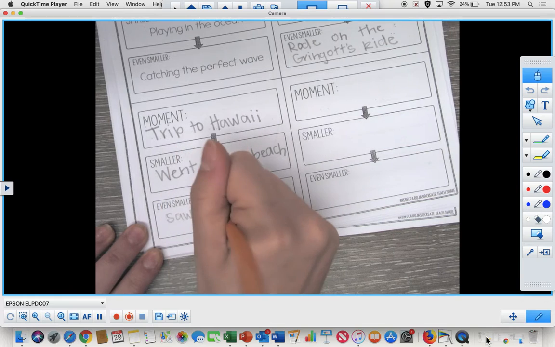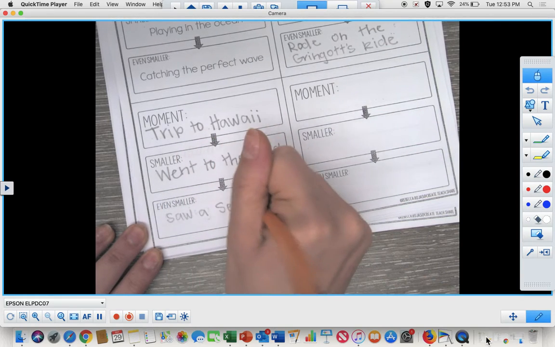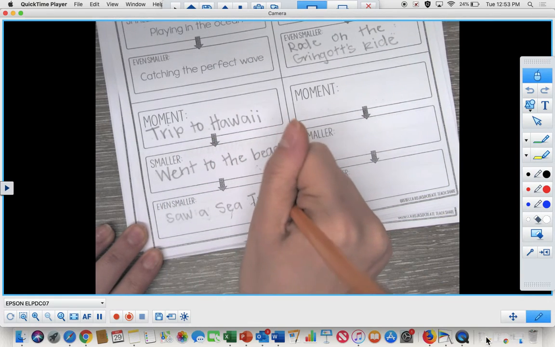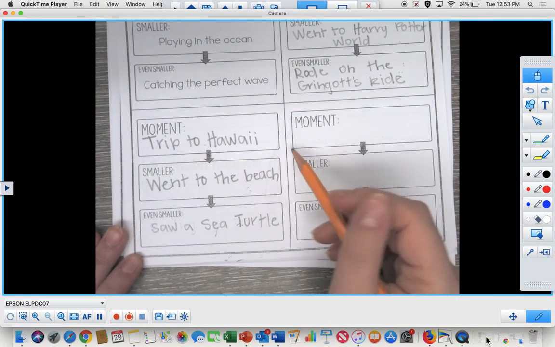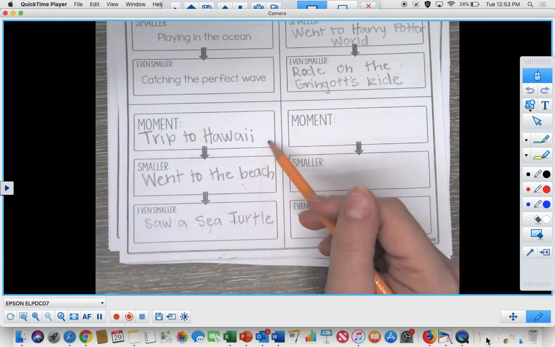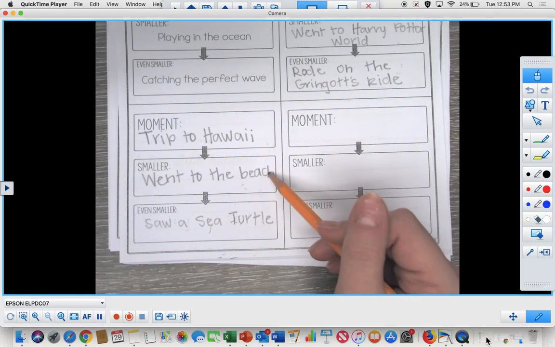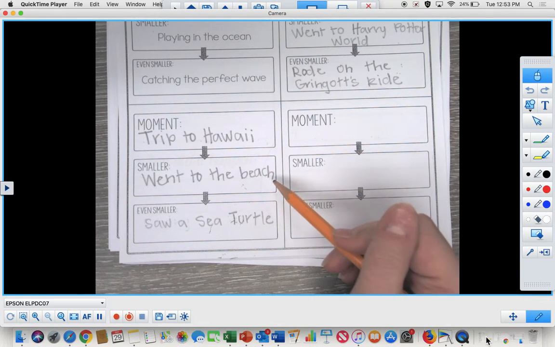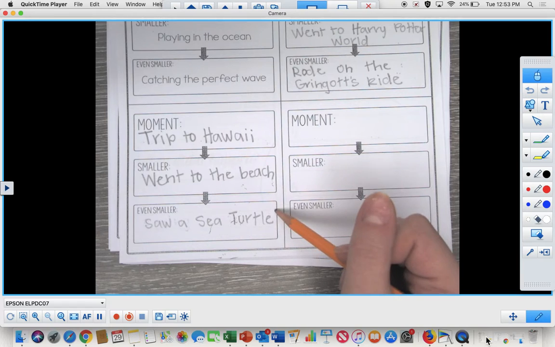Saw a sea turtle. You can see in this example, I have a big moment, which is my trip to Hawaii. I make it small by talking about how I went to the beach, and then I make it even smaller by talking about how I saw a sea turtle.